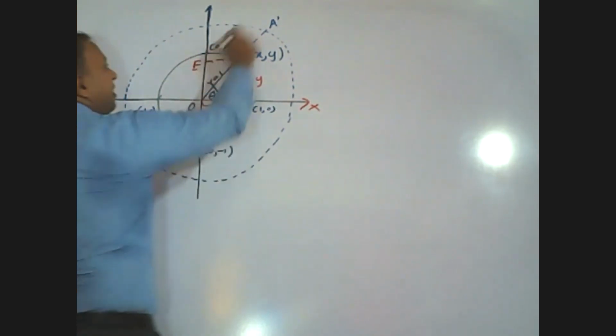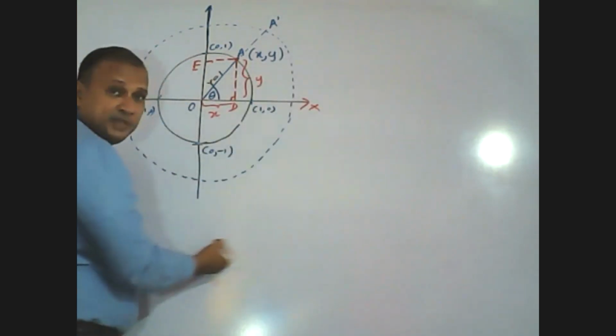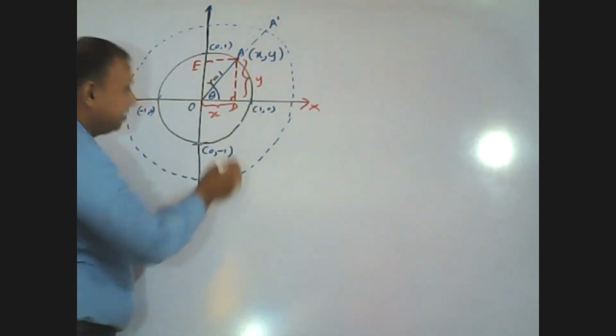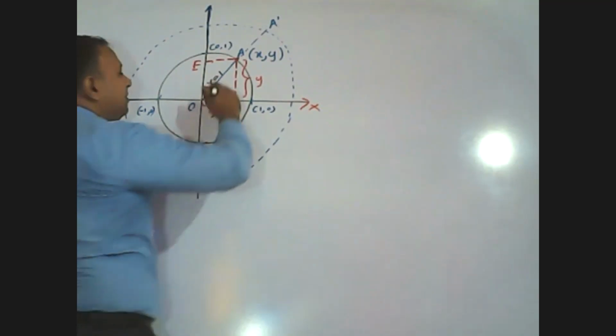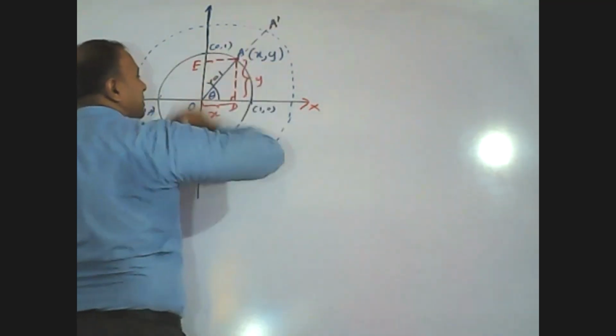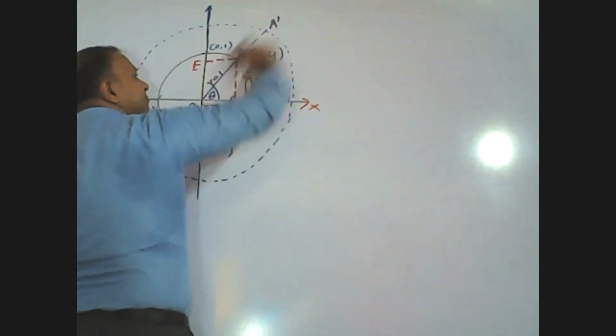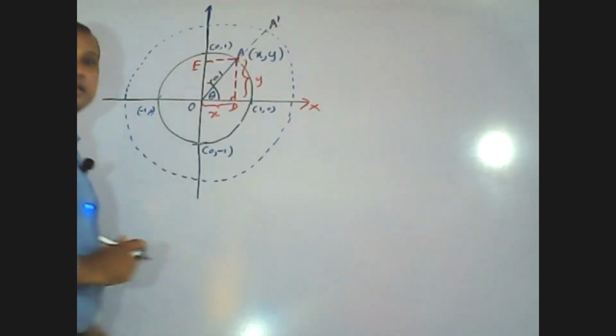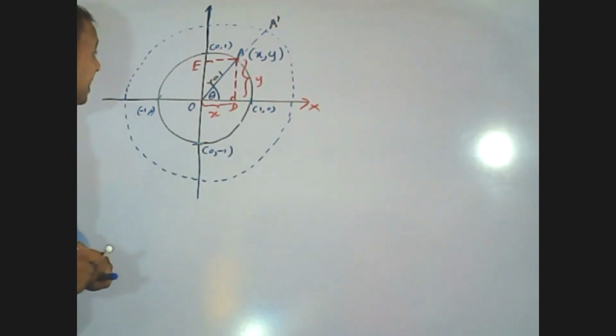If the rotation is the same, then this radius should be on this line, OA, A dash line.